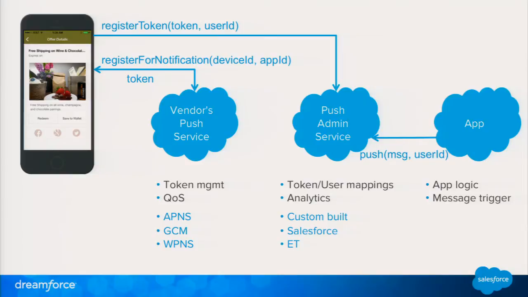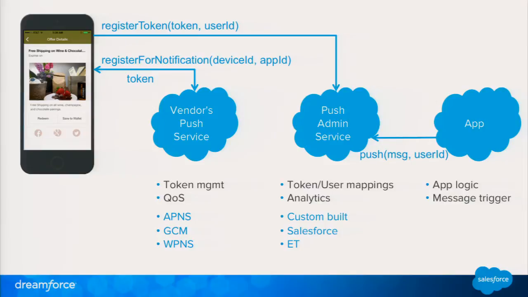And so when from the app you want to send a message to me, your app doesn't know anything about tokens, right? It's going to say, okay, push that message to this user, to Christophe. Now that app in the middle has the mapping between me and all my tokens, because remember, I can have multiple devices, okay?